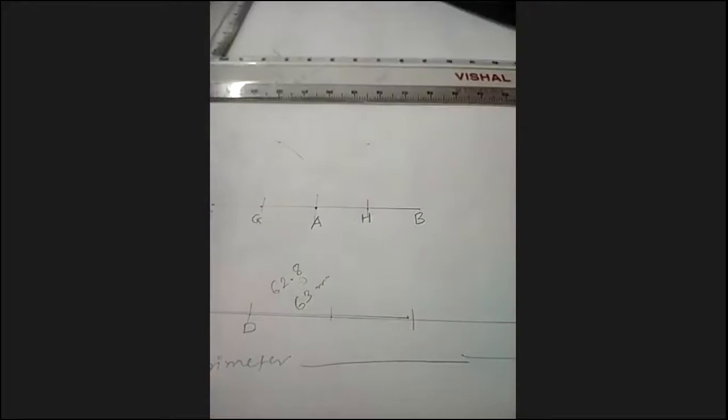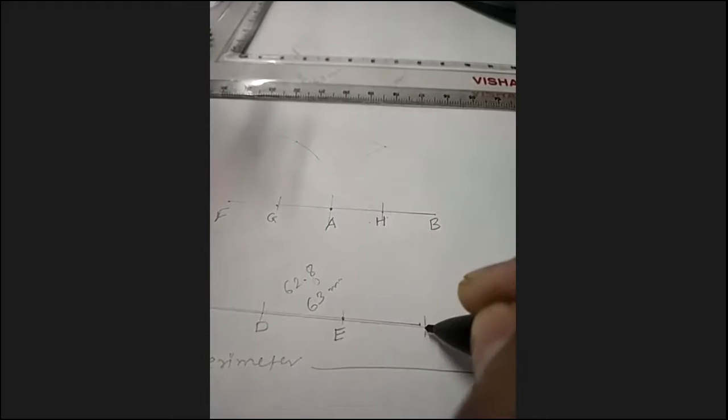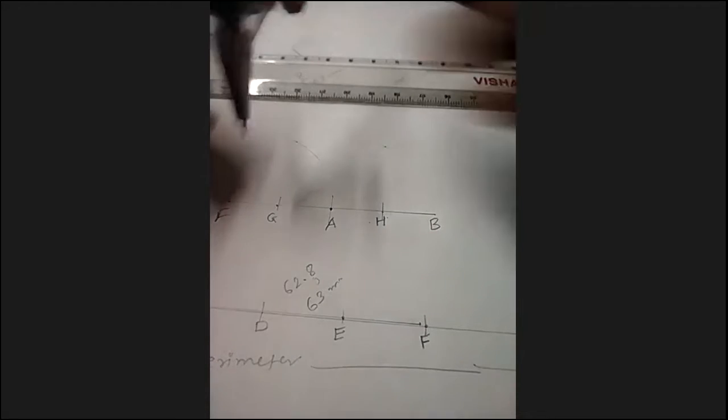So I'll directly mark from D 20 mm like this. Again E to F also 20 mm. Fine. This is point E. This is point F. Now F to G we are having in this scale.